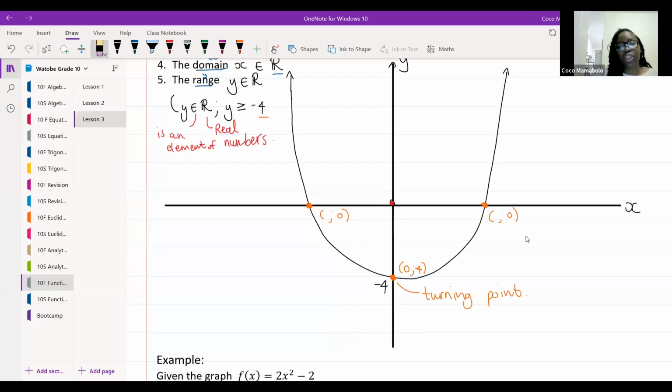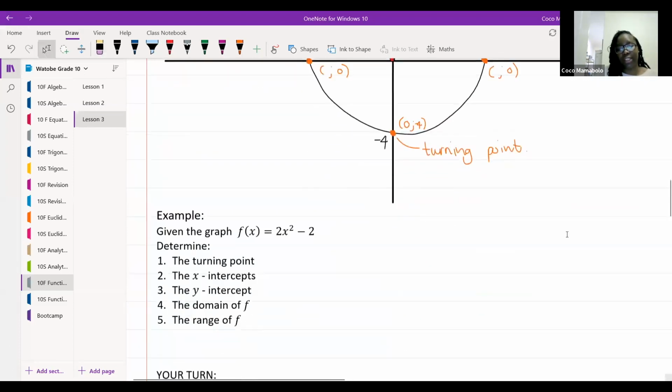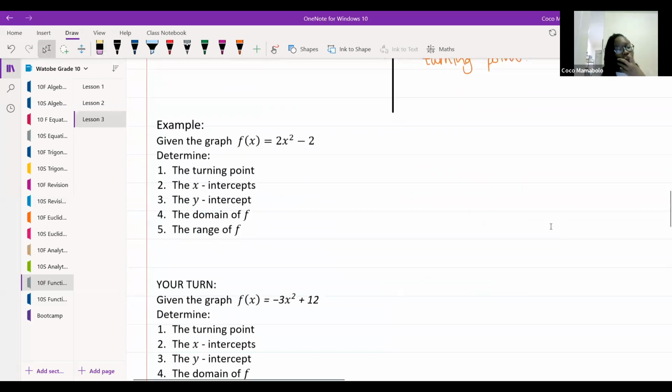All right, I want us to put this into practice a little bit before I take more questions. I want to show you guys how easy this is, especially in grade 10. So we're going to look at this example over here. We've been given the graph of f of x is equal to 2x squared minus 2. Now, write this down.